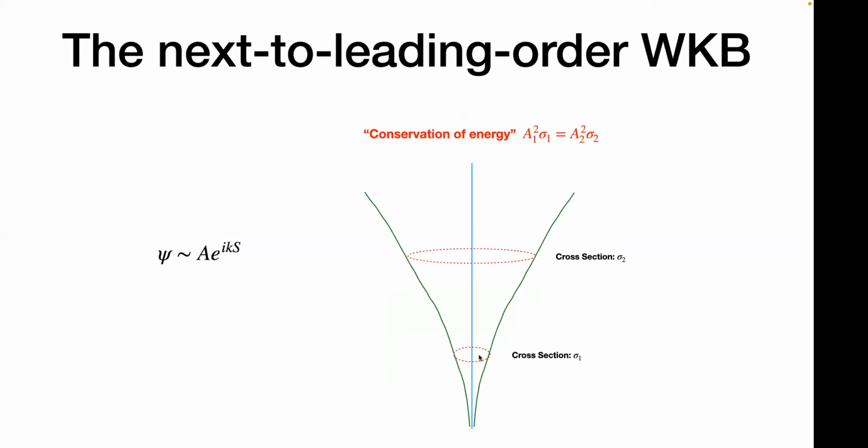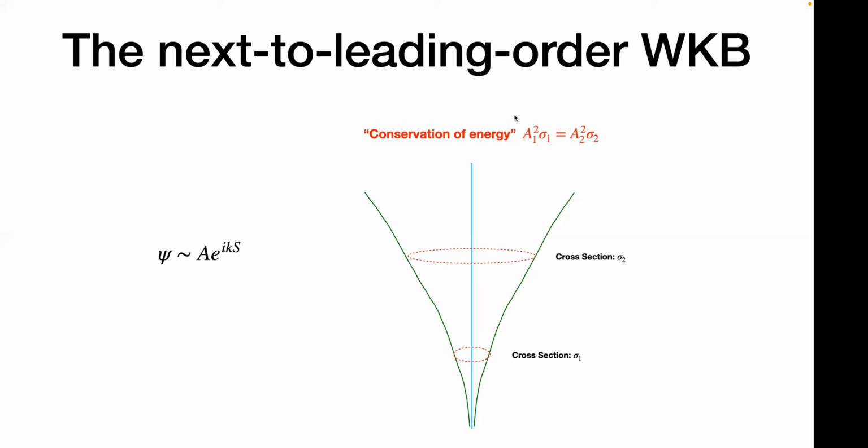So we know its cross-section evolves over time. And the WKB approximation tells us that the energy should be conserved, which is given by the product of the amplitude squared and the cross-section. So once we get the evolution of the cross-section from the leading WKB approximation, we can then get the evolution of the amplitude.